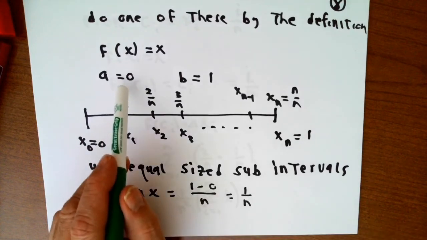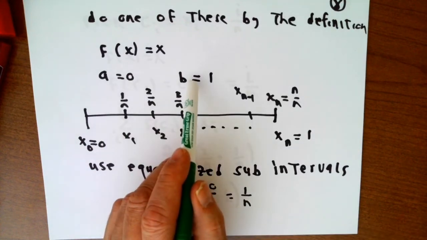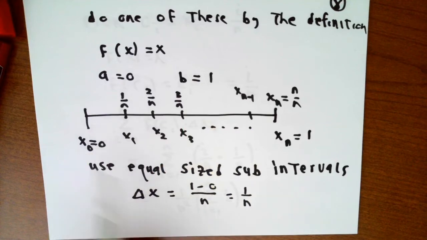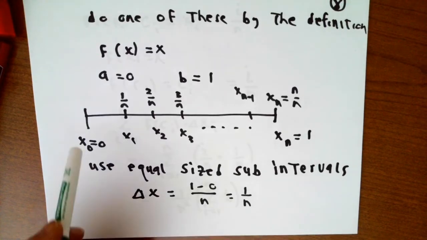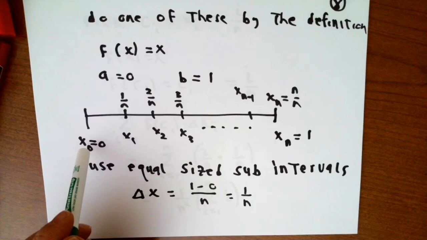We'll start at x equals 0 and go to x equal 1. I'm going to divide an interval of length 1 up into n equal-sized subintervals, each one of which will have width 1 over n. So x0 in this case is 0.